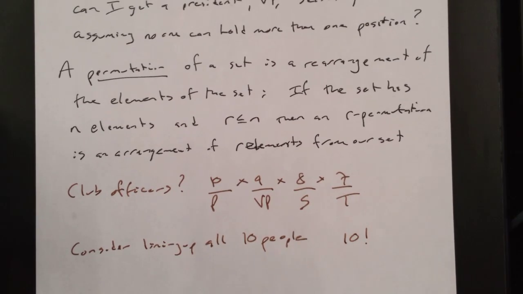Because that's 10 times 9 times 8 times 7 times 6, 5, 4, 3, 2, 1, all the way down, right? But I only care about the first 4. So does the order of the last 6 matter? Here are the first 4 people. Here are the last 6. Does that order matter? So any rearrangement of them would be equivalent, wouldn't it? What do I do with equivalent arrangements?